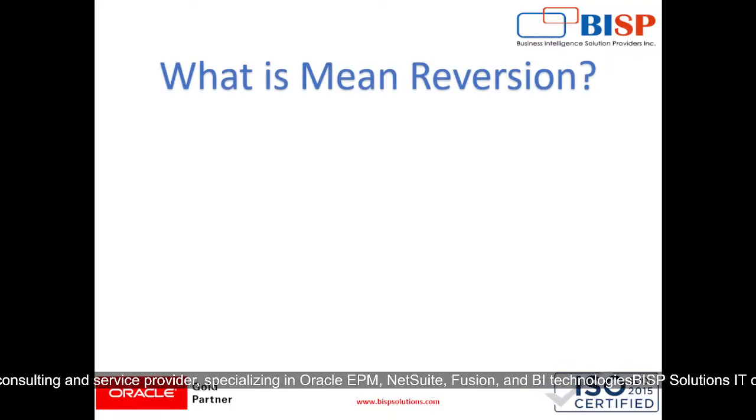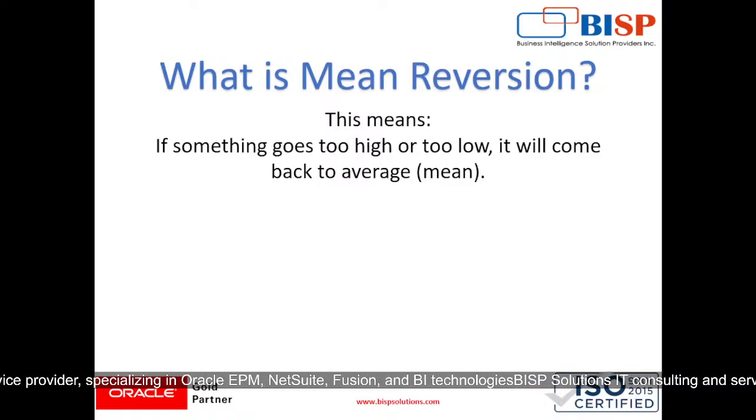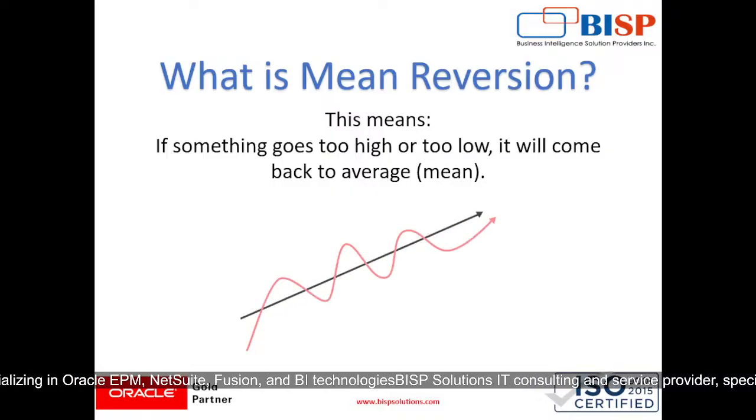Then comes what is mean reversion. So this means if something goes too high or too low, it will come back to average, which is the mean. Like the trend graph, you all could see the way the graph is going.